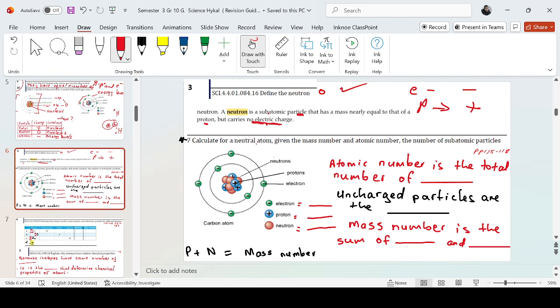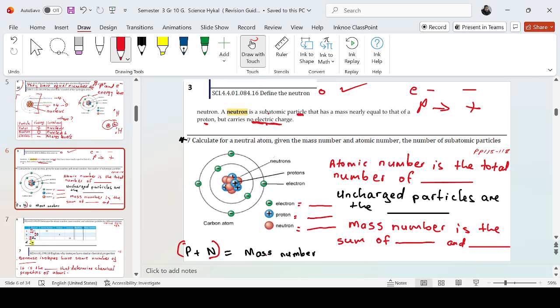Calculate for a neutral atom given the mass number. If you are given the mass number and atomic number, the number of subatomic particles, we did this. So we said here, to get mass number, you must add the protons and what? Neutrons. We will do more activities on this.